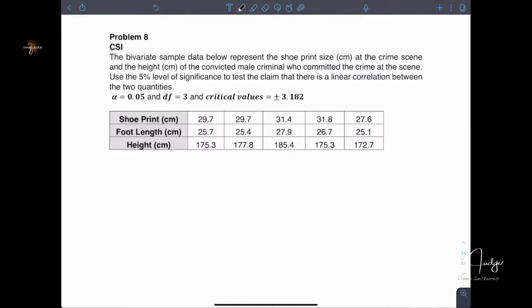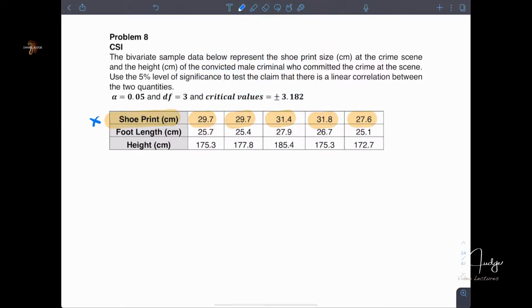So what do they say? Guess we'll do CSI. The bivariate sample data represents the shoe print at the crime scene and the height of the convicted male who committed the crime. So shoe print, this is my X variable. All of these are my X variables, the shoe print.